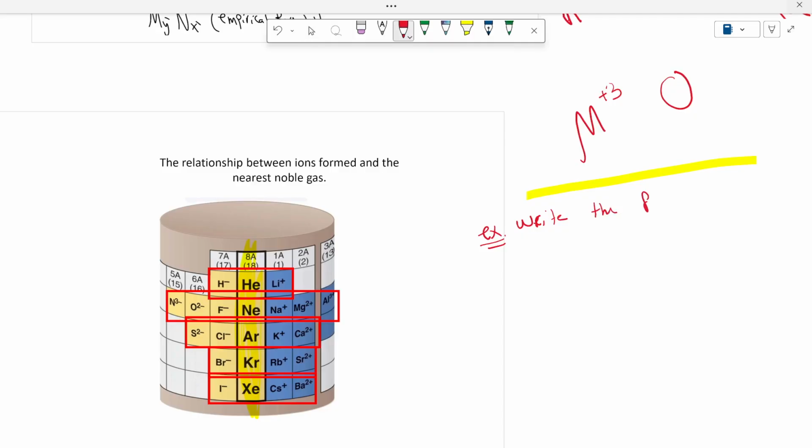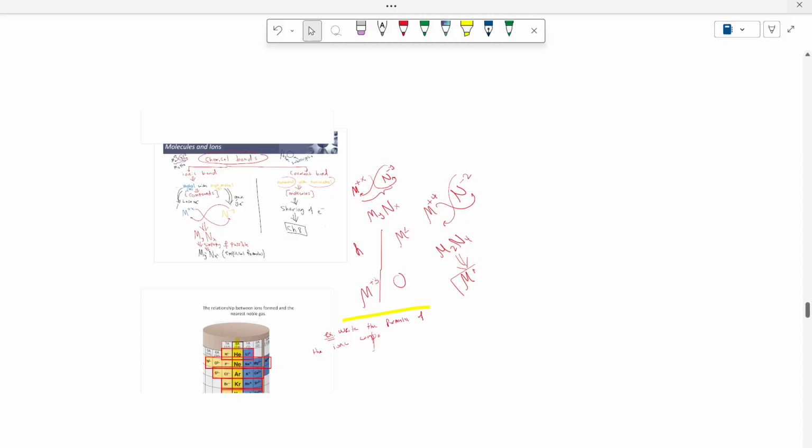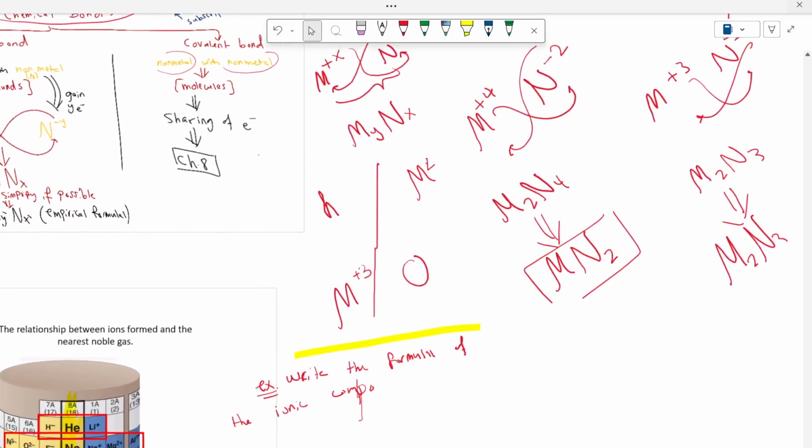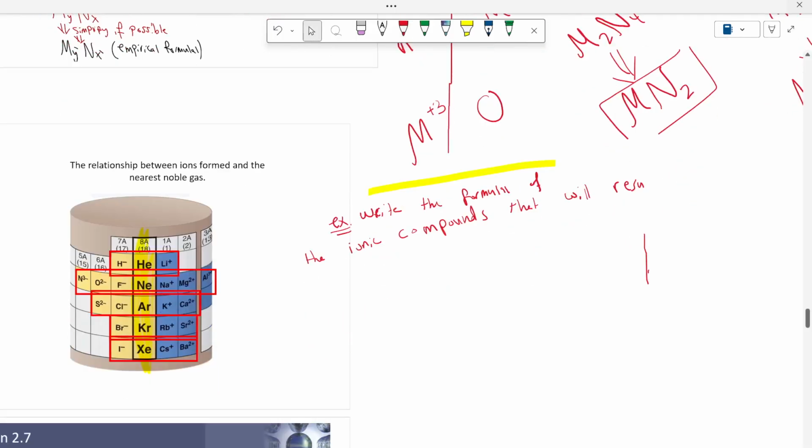The formula of the ionic compounds that will result from the following combinations.